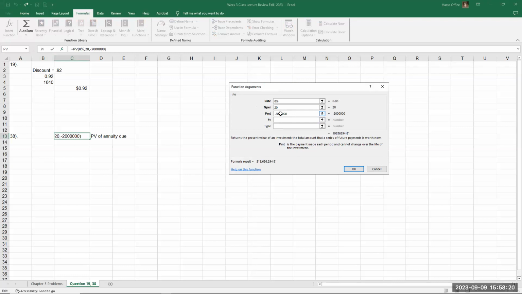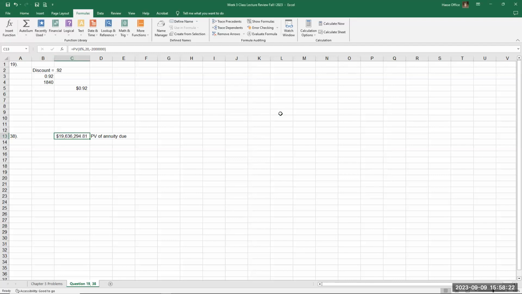What would be the lump sum payment? $19,636,294.81, or roughly $19.64 million. So instead of getting $2 million every year for 20 years, I can get one lump payment now of $19.64 million. A lot of people choose that when they win the lottery because they get the big chunk of money and can invest it or do what they want with it, and hopefully it grows in value quicker than the 8% interest rate they were given.